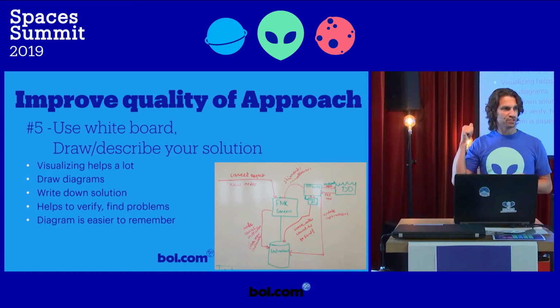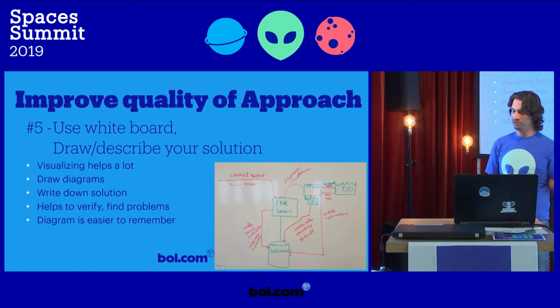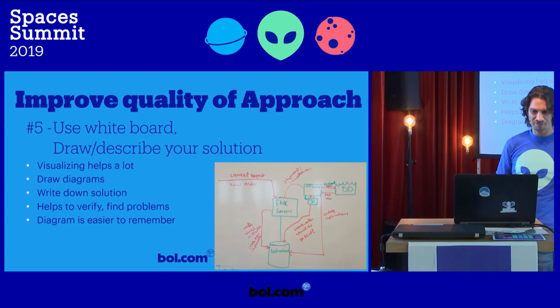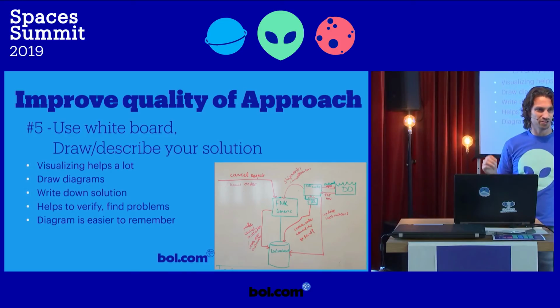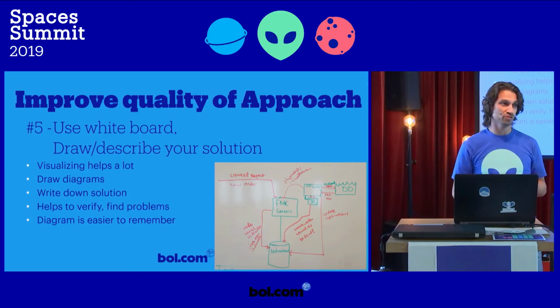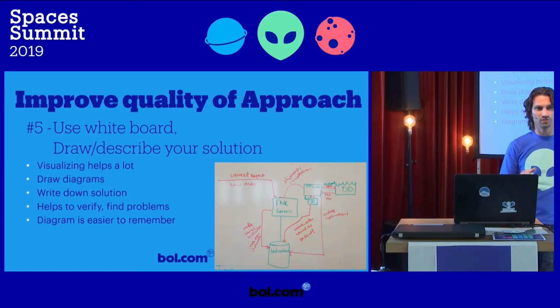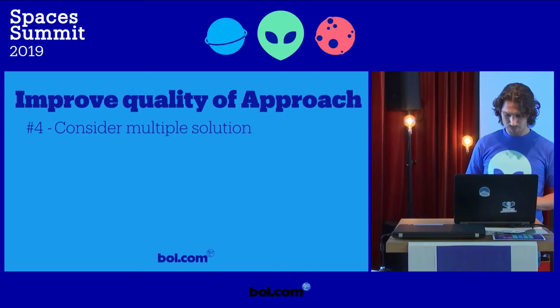For example, this picture right here, I took it yesterday, and it's from a whiteboard right behind my desk. Our fellow YP, young professional in my team, made this diagram, and I think it's really cool that he's applying this. When he's working on a story, he's drawing these diagrams, and it really helps other teammates to know, hey, what are you working on? Did you think about this? Did you think about that? Use that to your advantage.